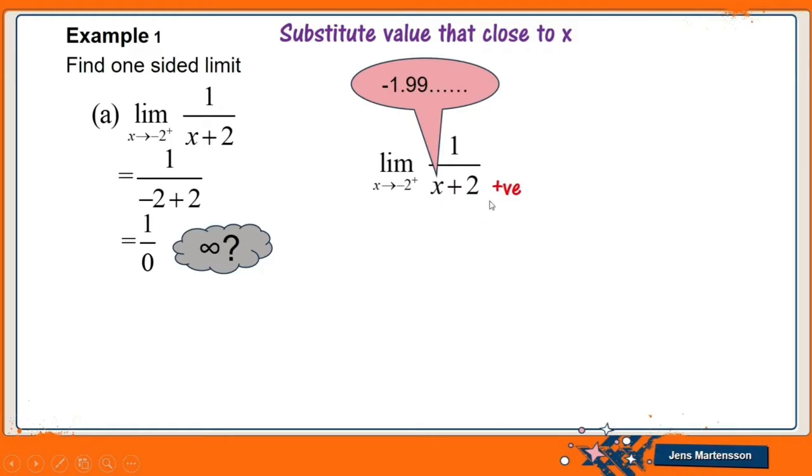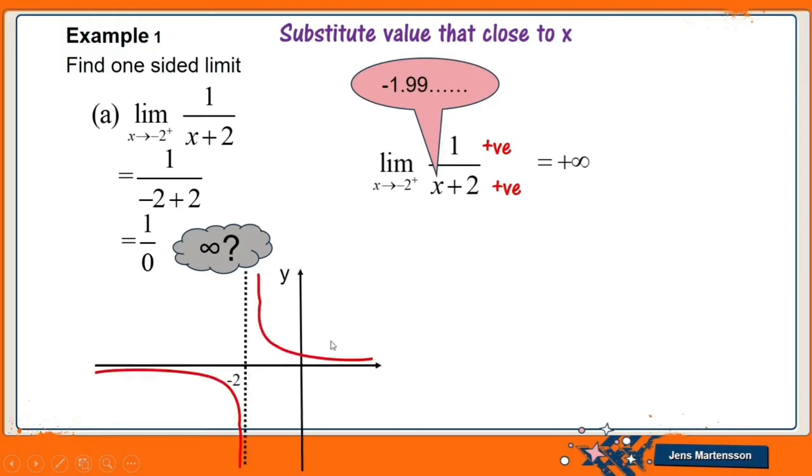We want to know the sign of x plus 2, because actually we know the answer is infinity, but we just want to know whether it is positive or negative. 1 is positive, positive divided by positive, we get positive infinity.